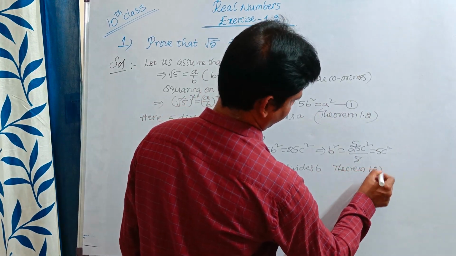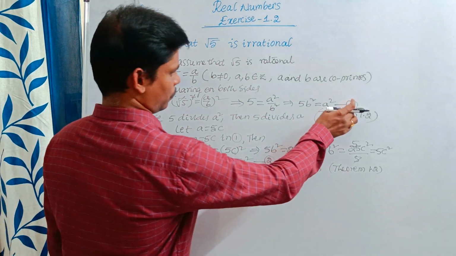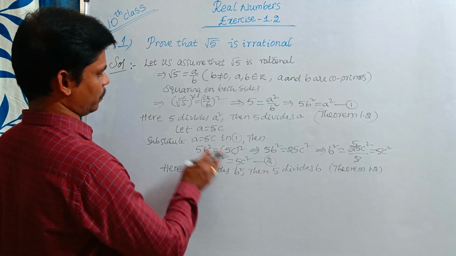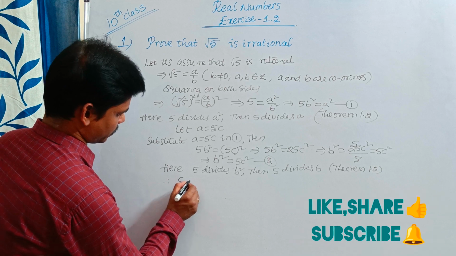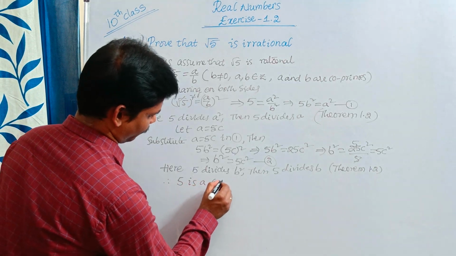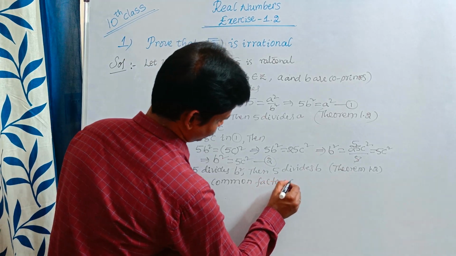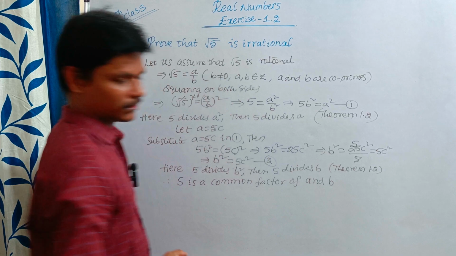From Theorem 1.2. Okay, see here, what do you conclude from 1 and 2? 5 divides a square and 5 divides b square. So therefore 5 is a common factor of a and b.